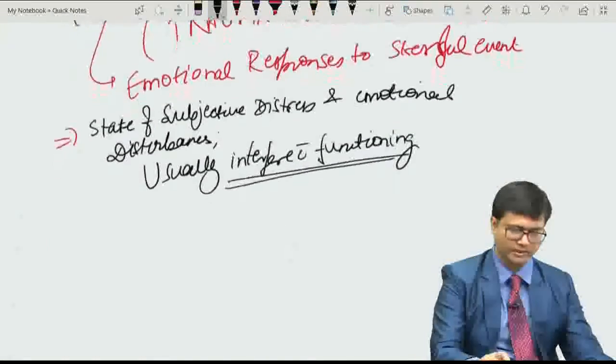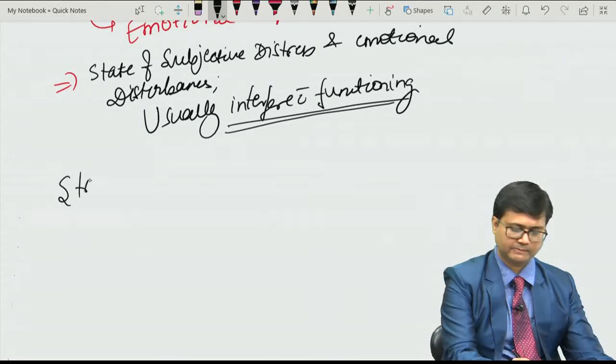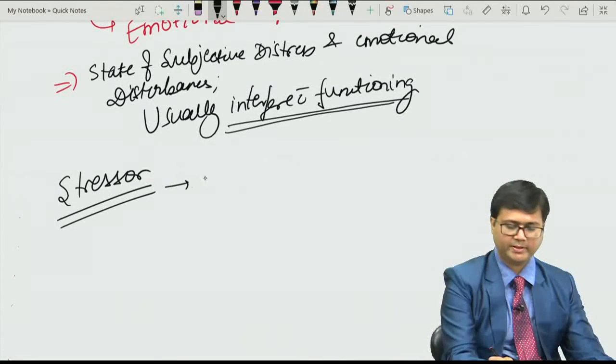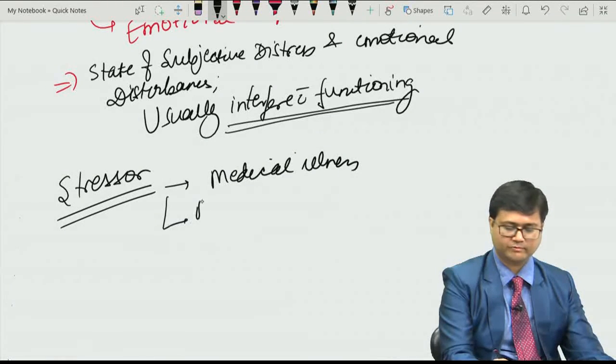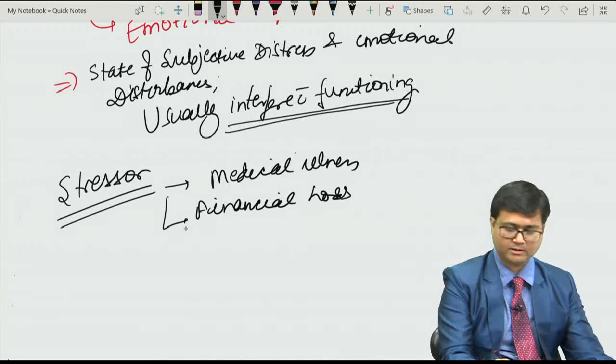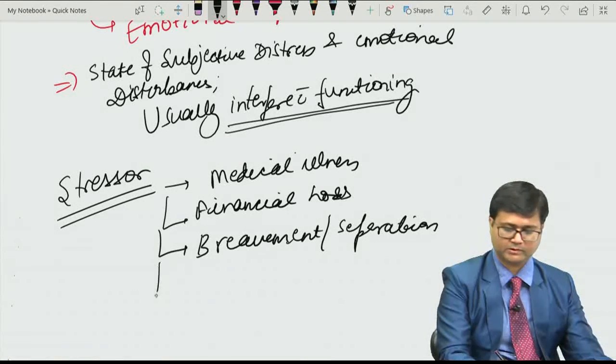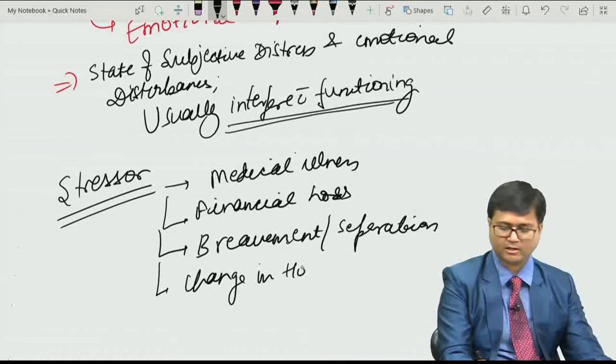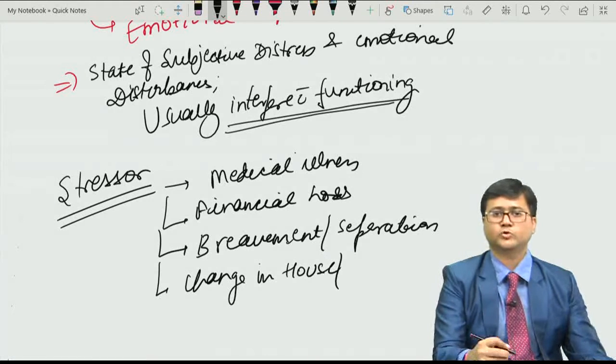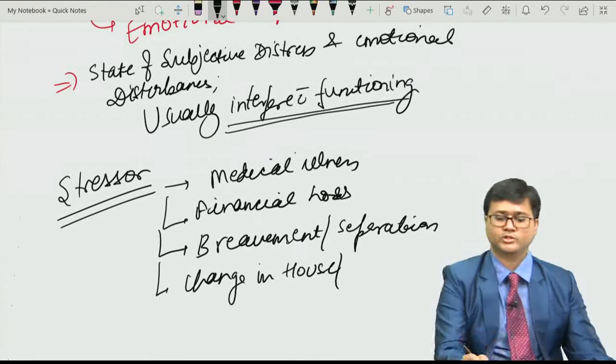Now, generally the stressor may be a medical illness, some financial losses, loss of a loved one, also bereavement or separation, or some change in position, like change in house, change in social stature, change in position in job.